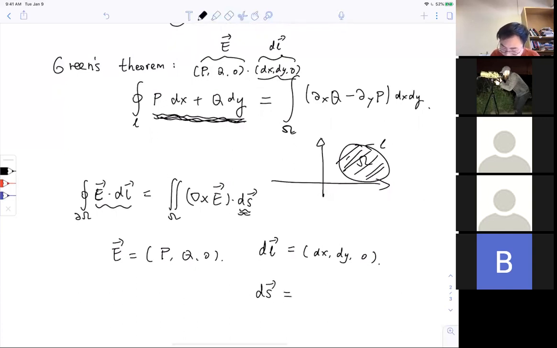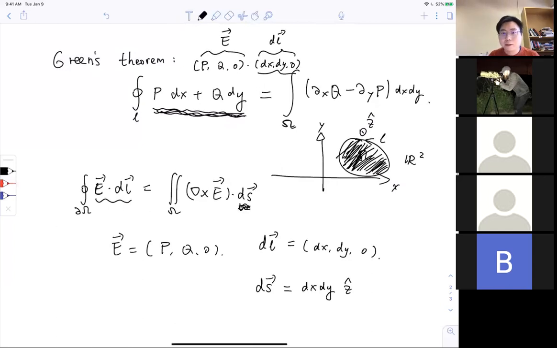The magnitude in this case is dx dy, because it's a 2-dimensional integral over R2, and the direction is the normal direction of this region, which is the z hat. This is x, this is y, and the normal direction is the z direction.